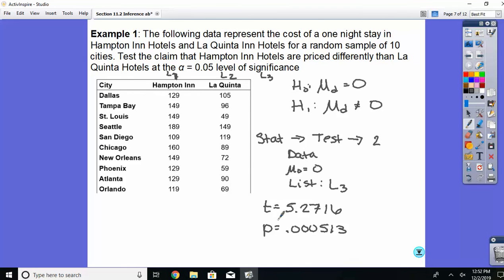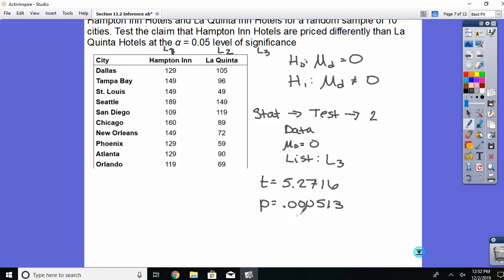So if we are just sticking with the p-value approach like we're doing right here, how do we know if we reject or not? Is it less than or greater than 0.05? Right, if your p-value, I should really put this label up here, if your p-value is less than your alpha, then you reject.